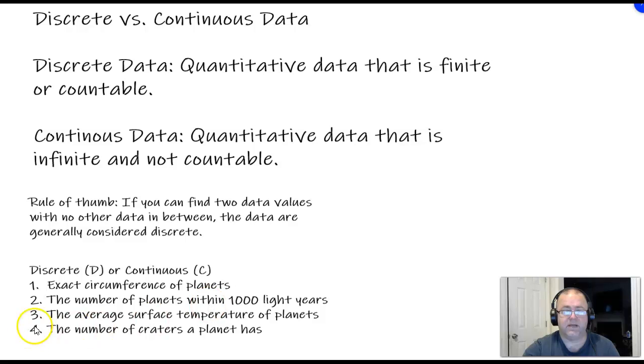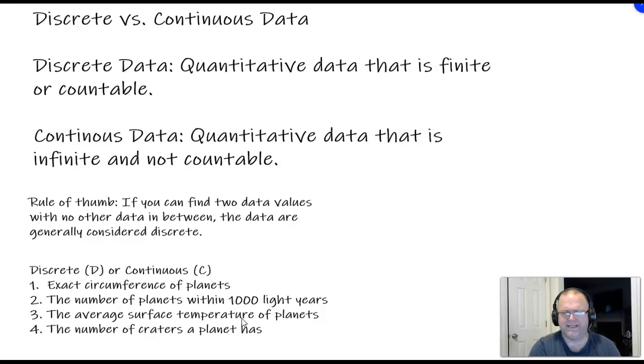So how about the average surface temperature of planets? Well, think about the temperature, right? Is there anything between 78 degrees and 79 degrees? Yeah, there's 78.5 degrees, right? Is there anything between 78 degrees and 78.5 degrees? Yeah, there's 78.25 degrees, right? And we can keep doing that.